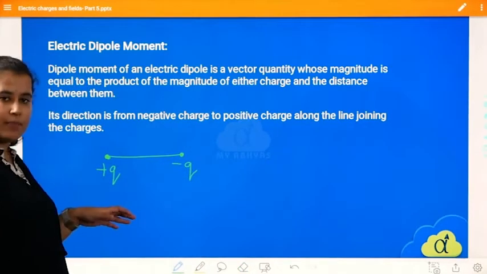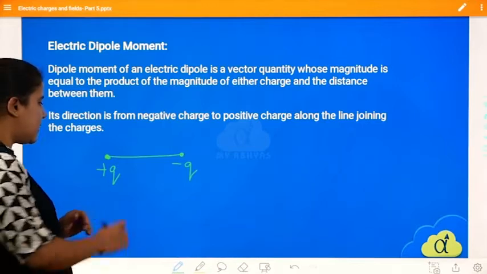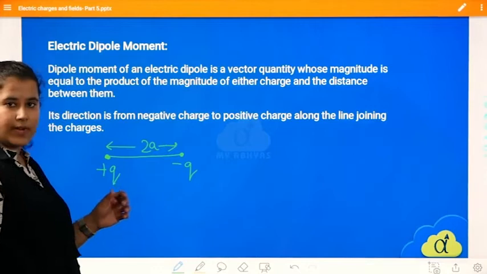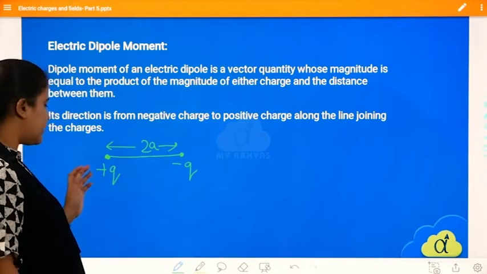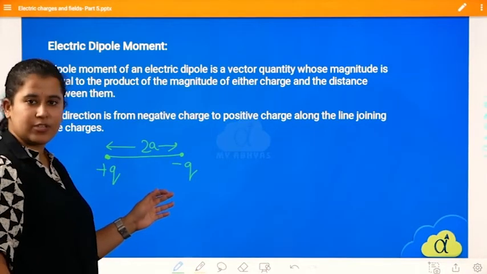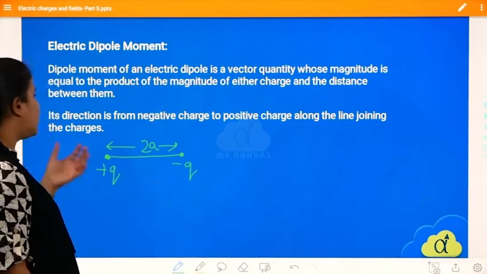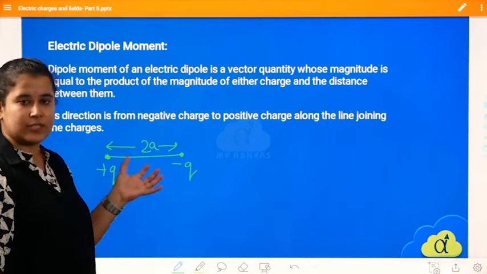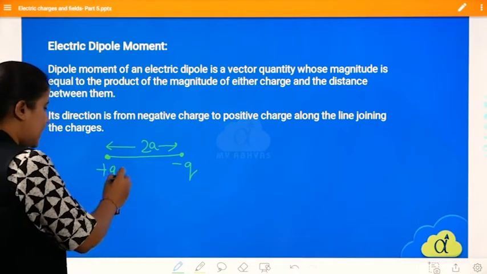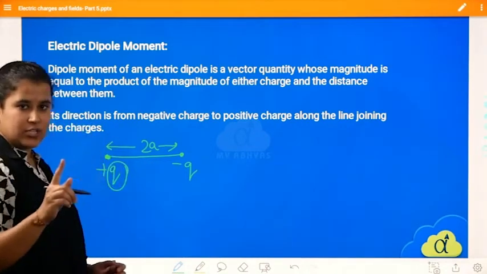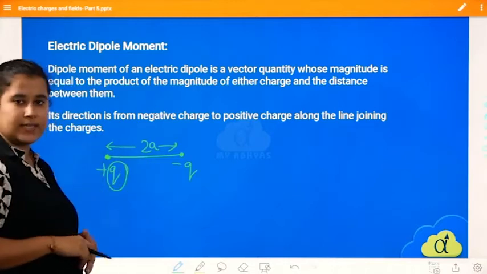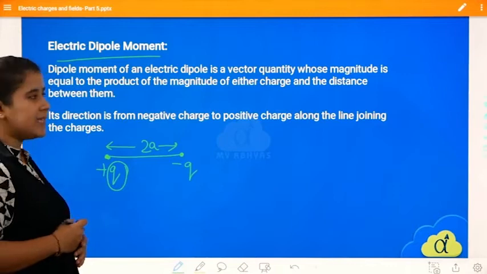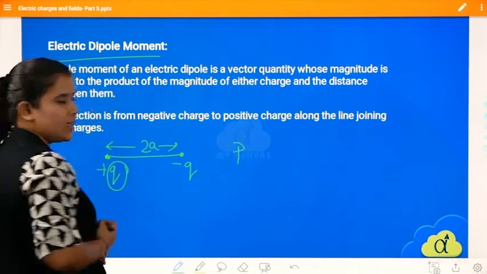This is an electric dipole because it has equal and opposite charges and the length will be 2a, right? So as this has plus Q and minus Q, separated by a distance 2a, the magnitude of one charge times the dipole length is given by the electric dipole moment, and it is denoted by P. Clear?